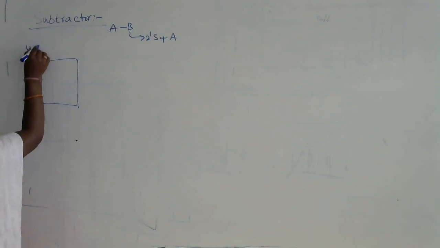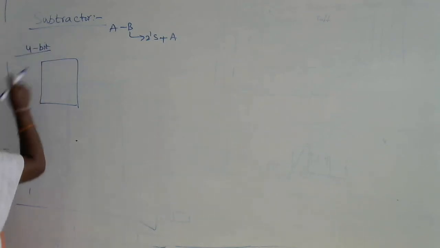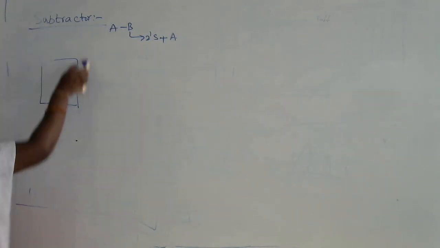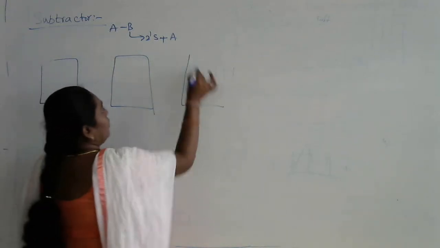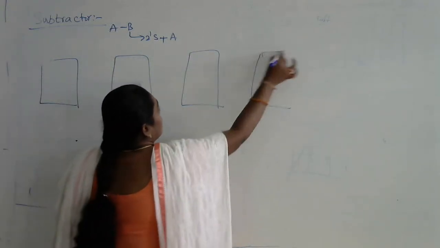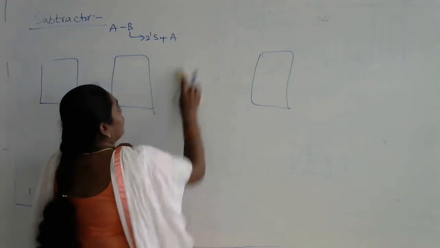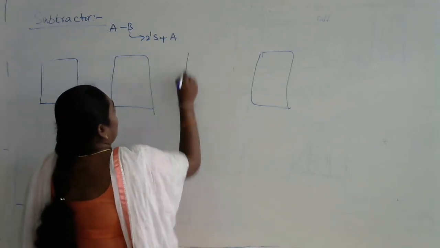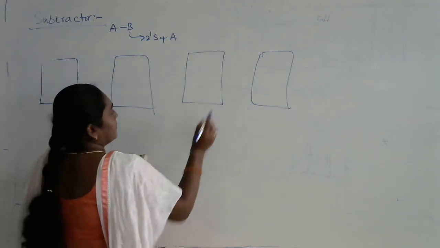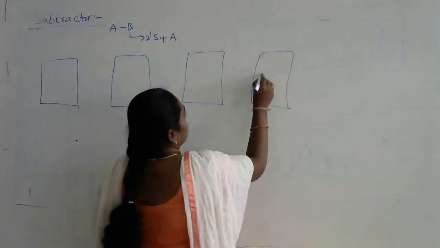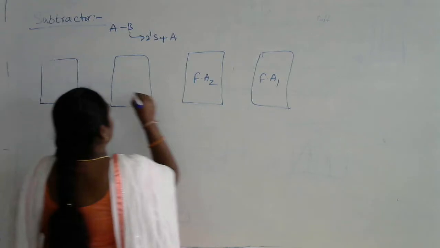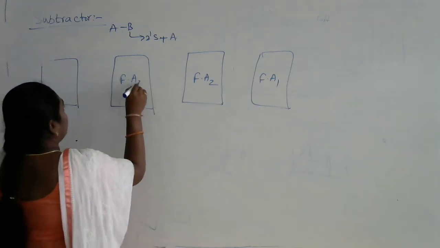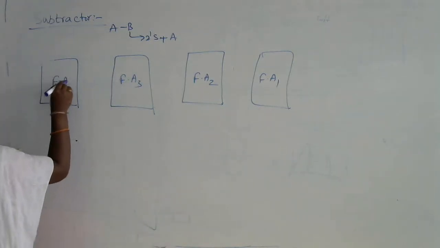As it is a 4-bit subtractor, I need to use 4 adder circuits. So I am taking 4 full adder circuits, because to perform the 2's complement I need the 1's complement plus 1. So here this is full adder 1, full adder 2, full adder 3, and full adder 4.